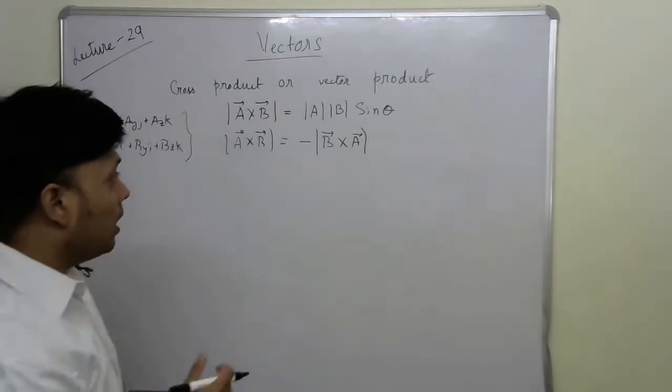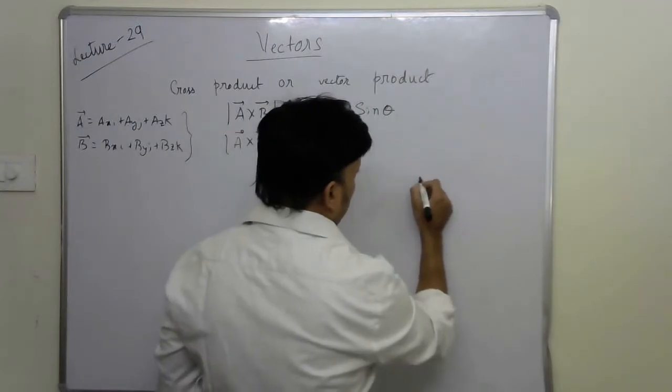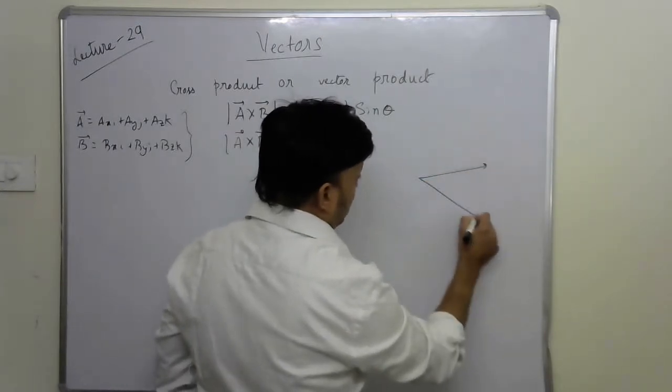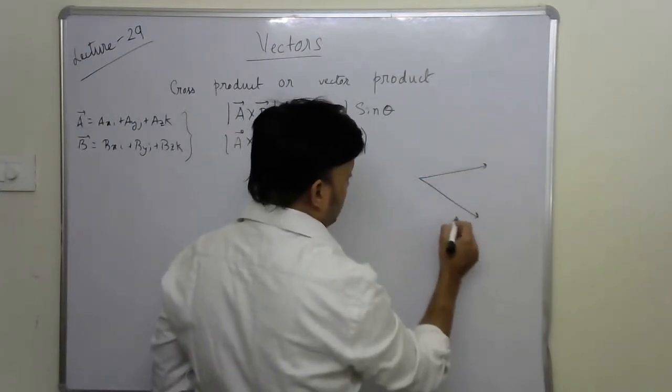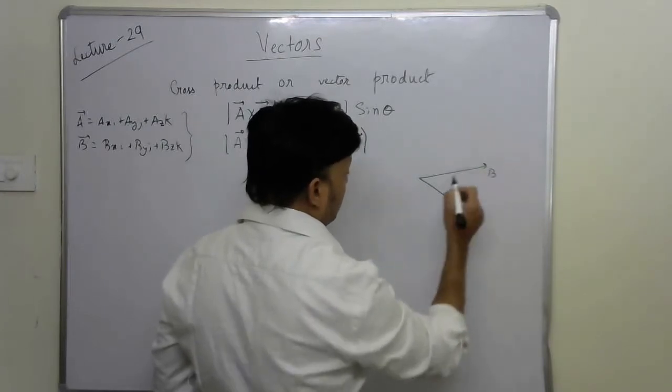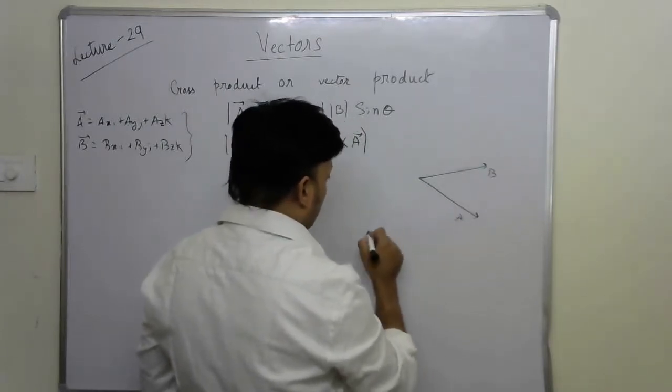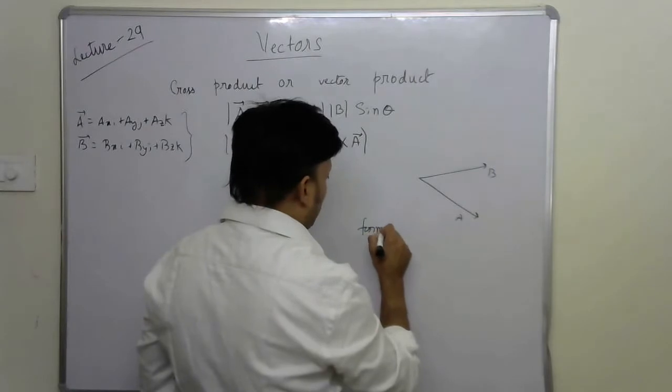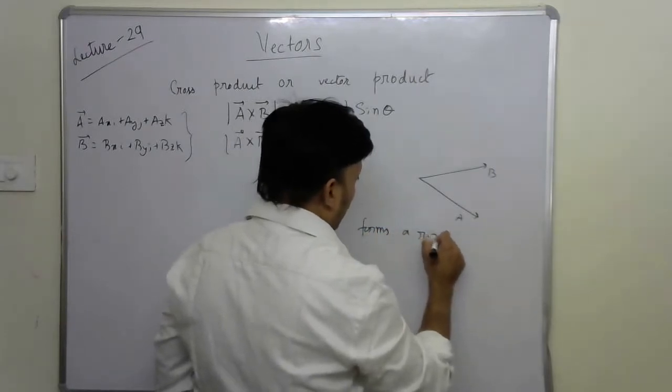Why is it so? It is because the direction is defined by something like this. This is the A vector, this is the B vector, and the cross product forms a right-handed system.